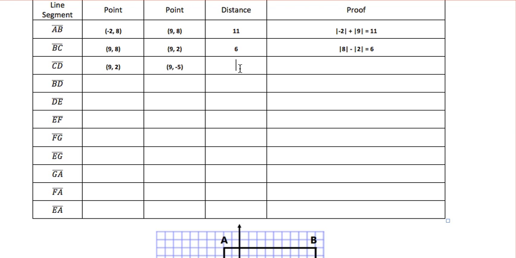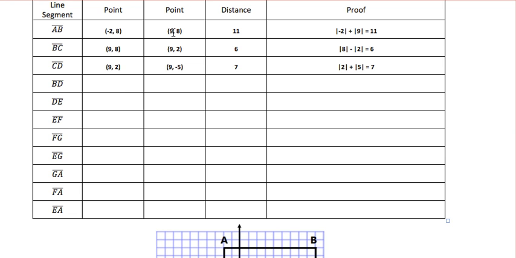And the distance between them would be 7. And because they are on opposite sides of 0, one is positive, one is negative, we'll add their absolute values. So we have the absolute value of 2 plus the absolute value of 5, and that is 7.